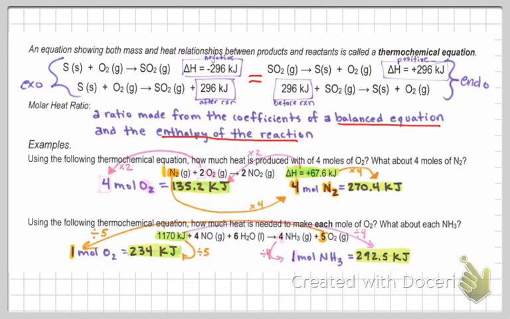Okay, so an example for you is nitrogen plus oxygen gas forming nitrite. So the first thing we have to do is make sure that it's balanced. So we have 1 in front of the nitrogen, 2 in front of the oxygen, and we need a 2 in front of the NO2.